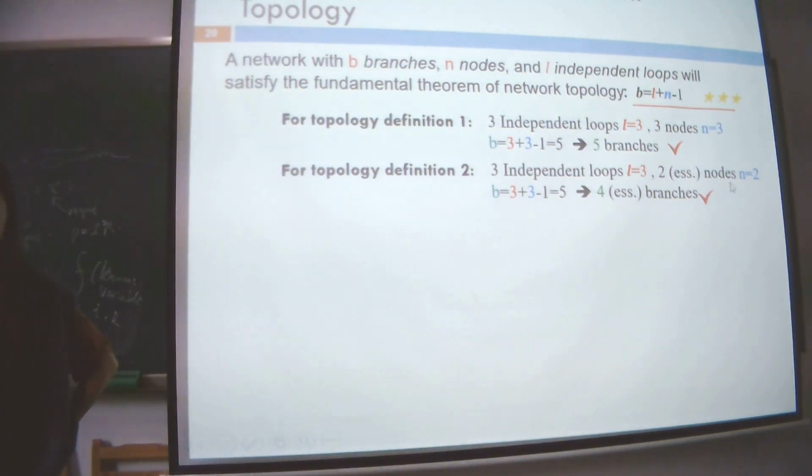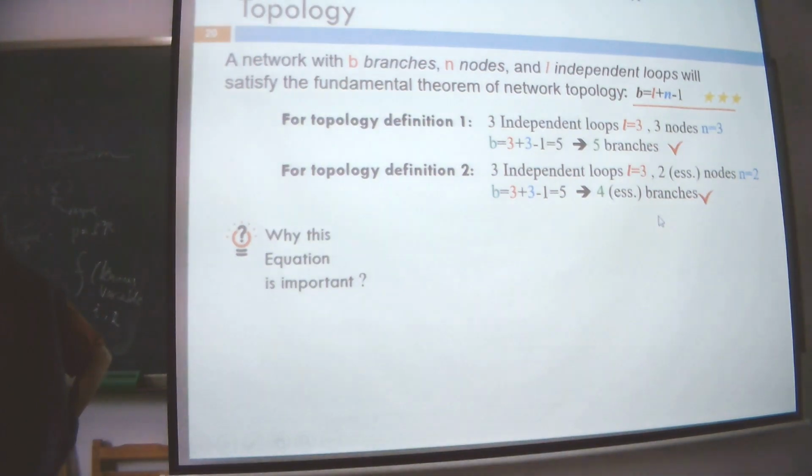We have 2 essential nodes, so B equals 3 plus 2 minus 1 equals 4. So we have 4 branches for this definition.